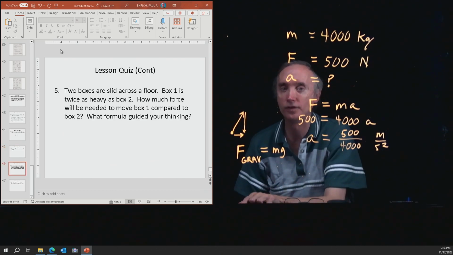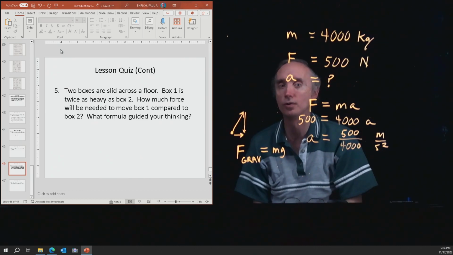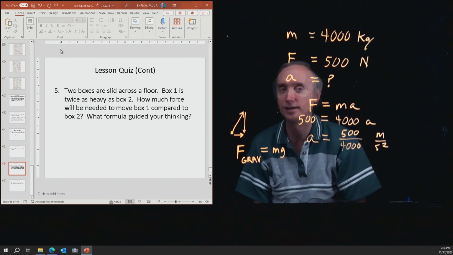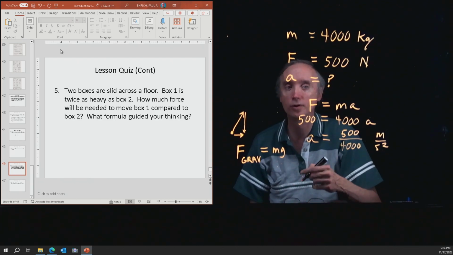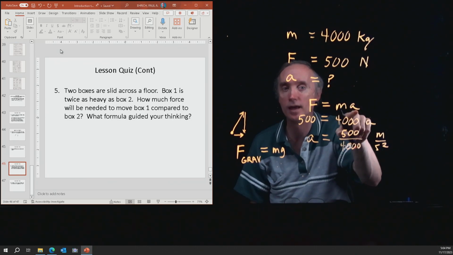Okay, question number 5. 2 boxes are slid across the floor. Box 1 is twice as heavy as box number 2. How much force will be needed to move box number 1 compared to box number 2, and what formula guided you in your thinking? The formula we're going to use is force equals ma.